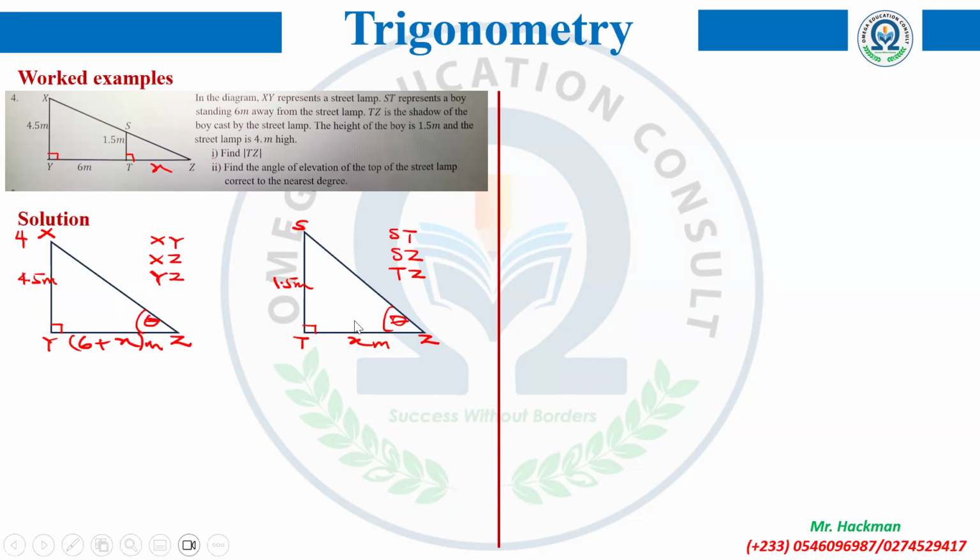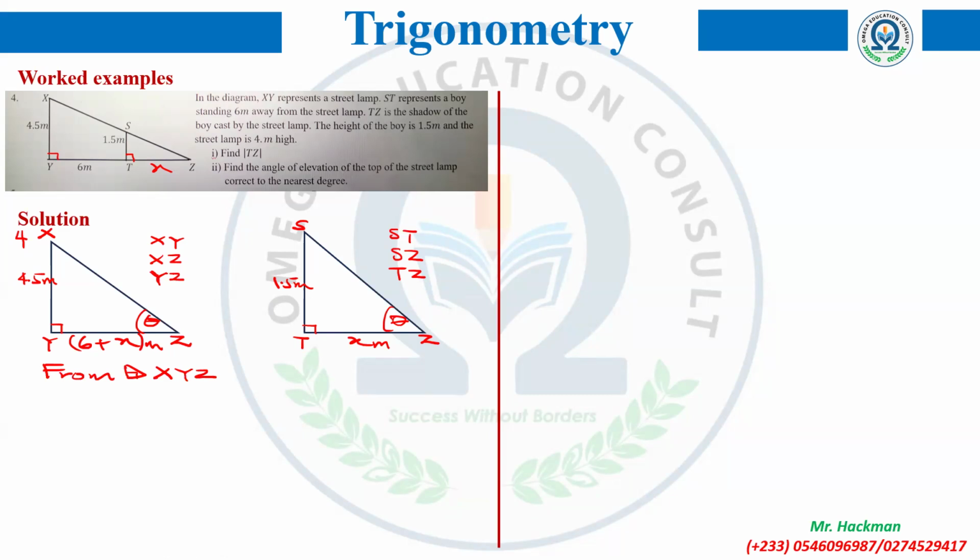So if you are going to take the first right angle triangle, as usual you write it, just as we've been doing. What is the name of the right angle triangle? X, Y, Z. From that, if I look at this angle, I know the opposite and I know the adjacent. Do you agree?